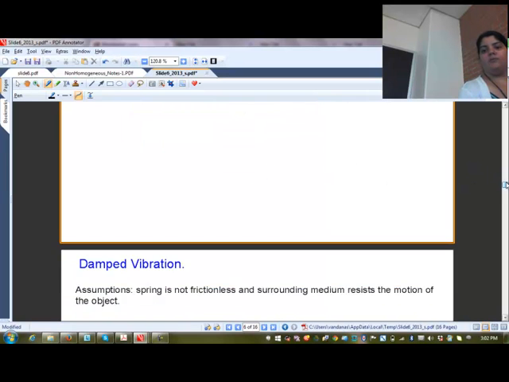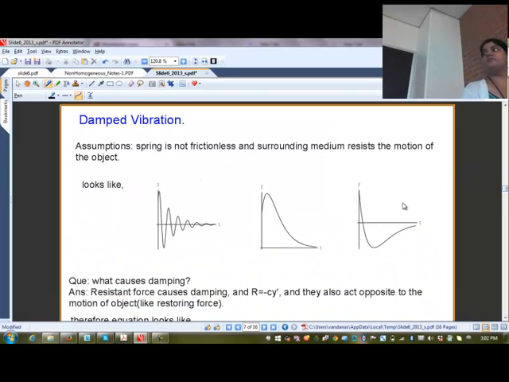Now damped vibration. Now there is air resistance, or friction if it's on a table. So the oscillation will die out. Eventually it will stop; the mass cannot keep fluctuating up and down forever. There are a lot of ways this mass can stop.